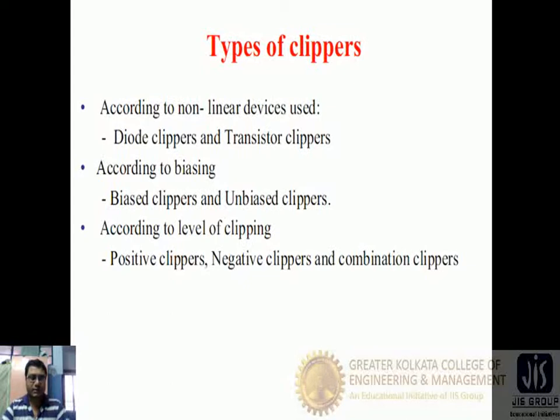According to the biasing, that means the application of voltages or power supplies, there are biased clipper circuits and unbiased clipper circuits. In biased clipper circuits, some voltage source is used, and in unbiased clipper circuits, no voltage source is used in the circuit.